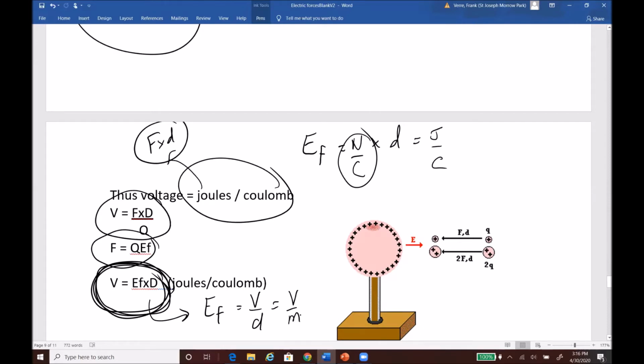These two are equivalent, volts per meter and newtons per coulomb. I'm just mentioning this because these things are going to come up in the calculations that we're going to be doing today. Any questions so far?